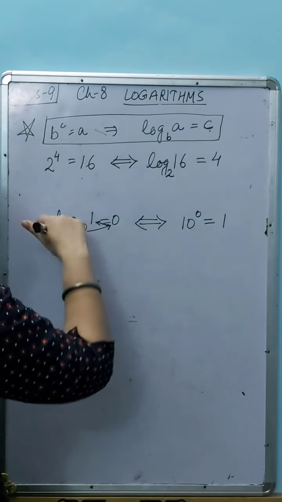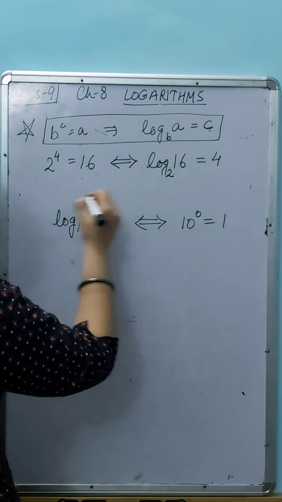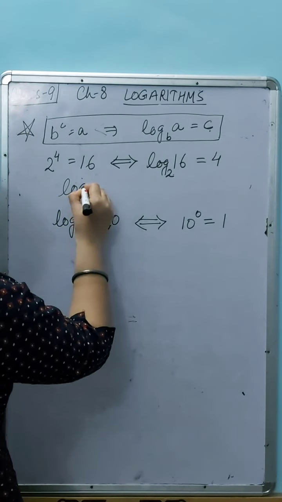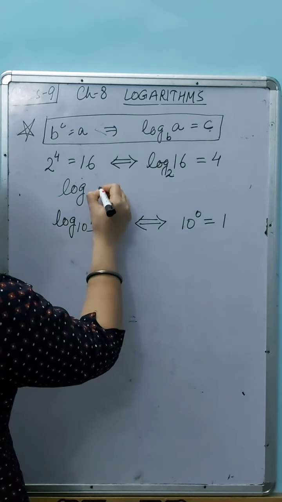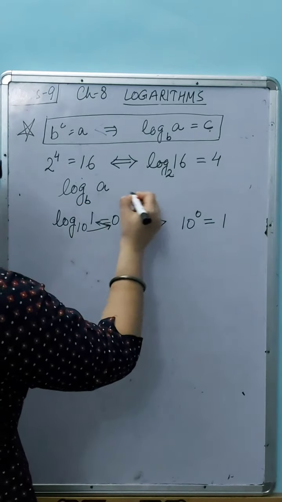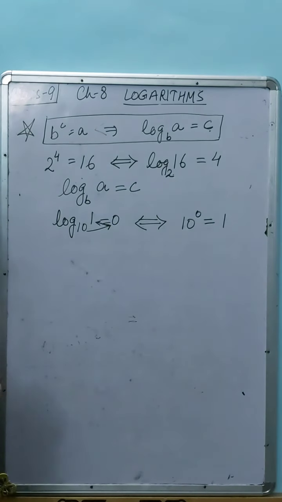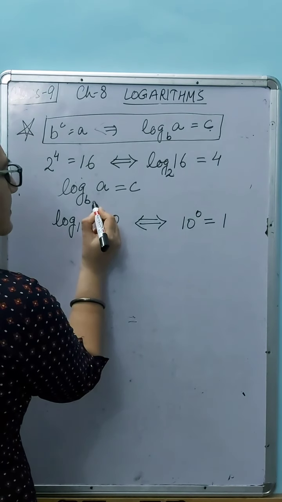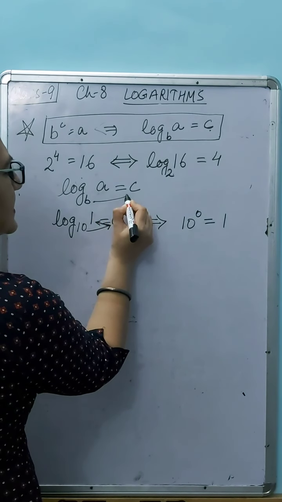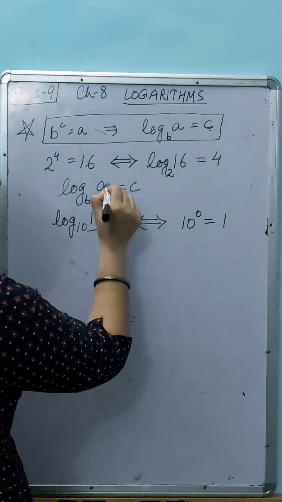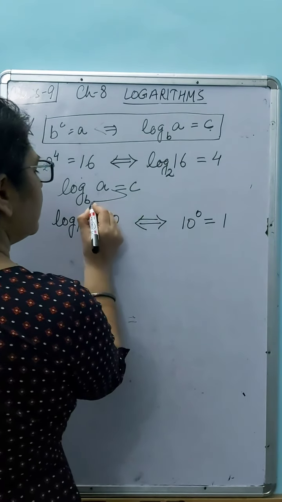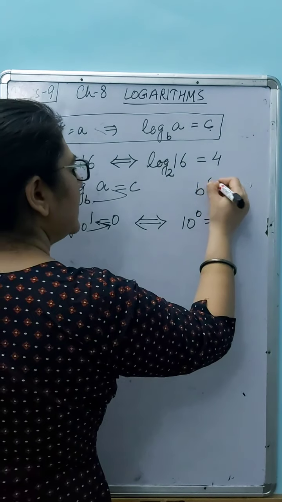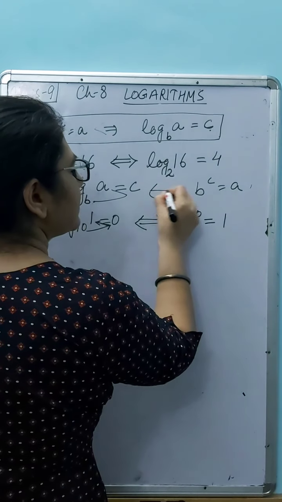But converting from log form to exponential form follows a certain rule. Suppose I have log a to the base b is equal to c. Let's convert this into exponential form. Start from b, move to c, and then the ending point is a. Write it like this: b raised to power c is a. So this is the exponential result.